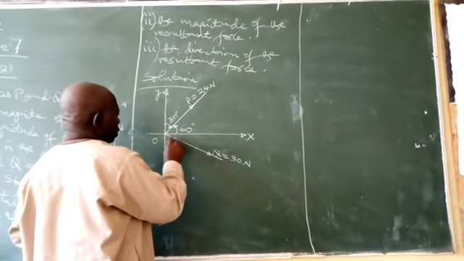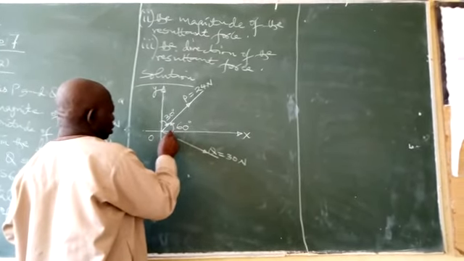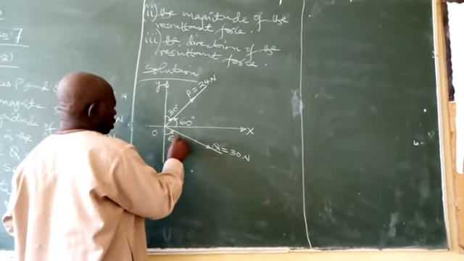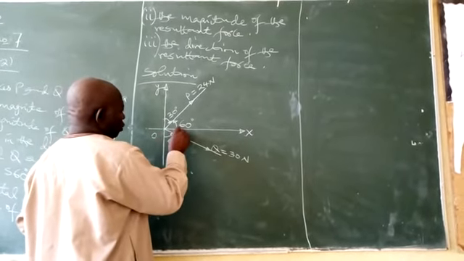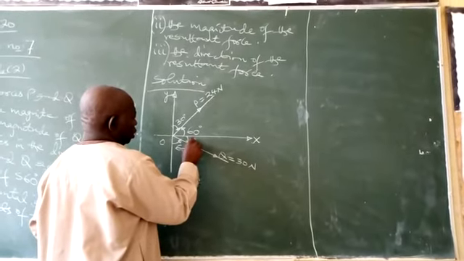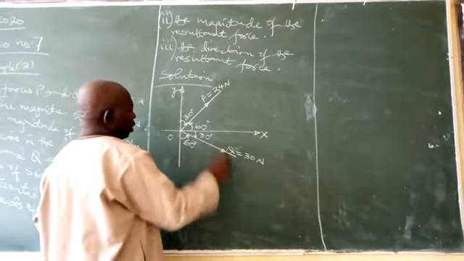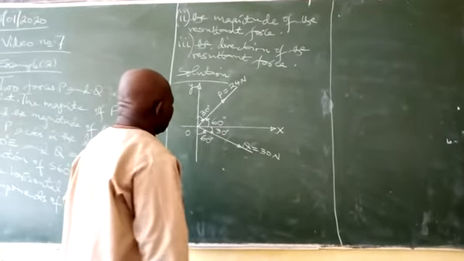And this angle measured from the vertical is 60 degrees. Then if you take 60 degrees from 90, what you have left is 30 degrees to the horizontal. So that same force Q is 30 degrees to the horizontal.